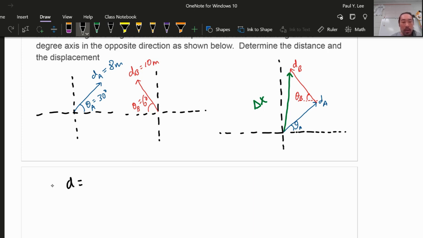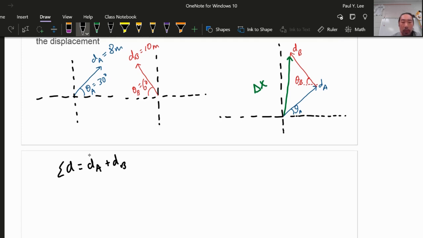So the total distance is equal to dA plus dB. Now the reason why I'm showing you the formula method first is I want us to get into the habit of writing out the formulas for the more complicated problems down the road, where if you set up the problem in variable form, we can rearrange them and solve for the unknown variable a little bit easier later down.